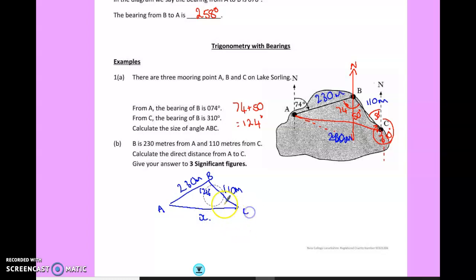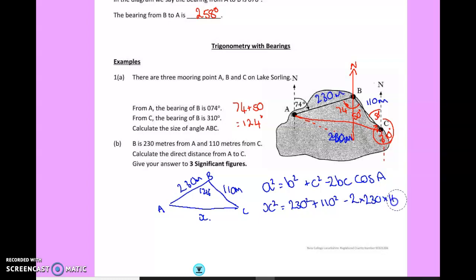So I've got 2 sides and the included angle, so I'm going to use the cosine rule. The cosine rule is a squared equals b squared plus c squared minus 2bc cos A. We need this pairing again, that we know the angle opposite the side we're trying to find, which we do, perfect. So x squared is 230 squared plus 110 squared minus 2 times 230 times 110 times cos 124.